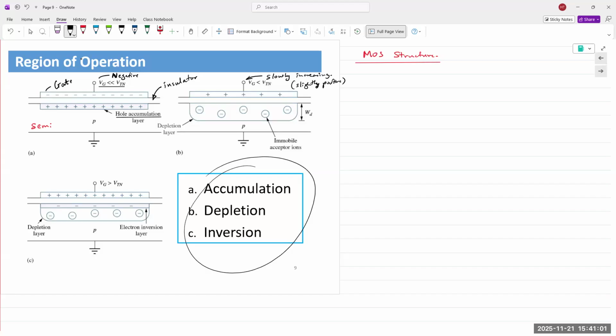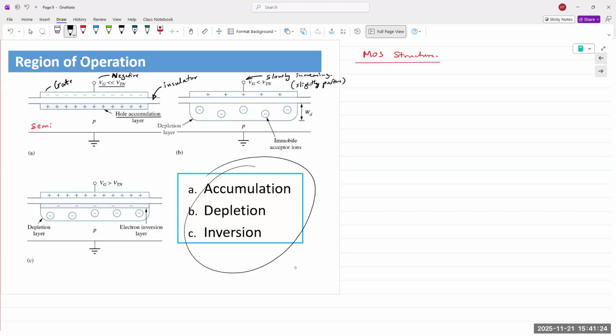And what happens then is there are neither electrons nor holes underneath the gate structure. It behaves akin to a depletion region. It is depleted of all mobile charges. Again, remember fundamentals. Depletion region means it is devoid of mobile or free carriers.